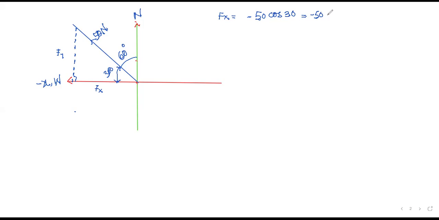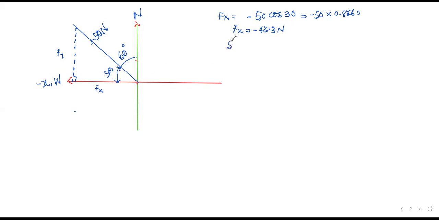So when you multiply 50 by 0.866, or root 3 on 2, or 25 times root 3, Fx is equal to negative 43.3.